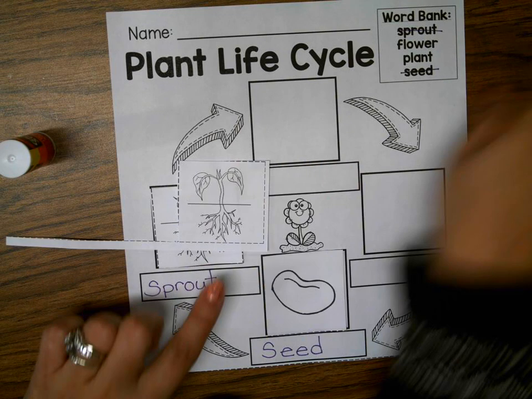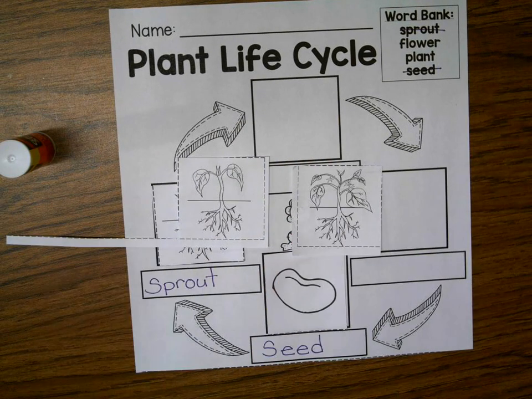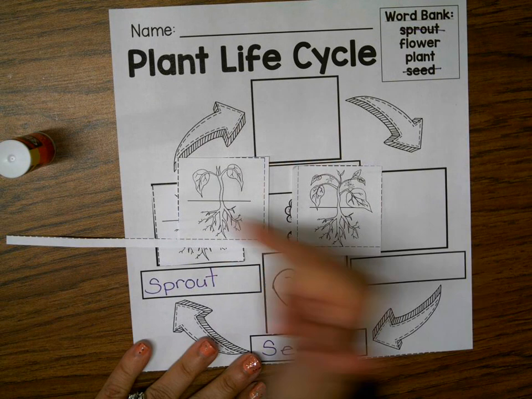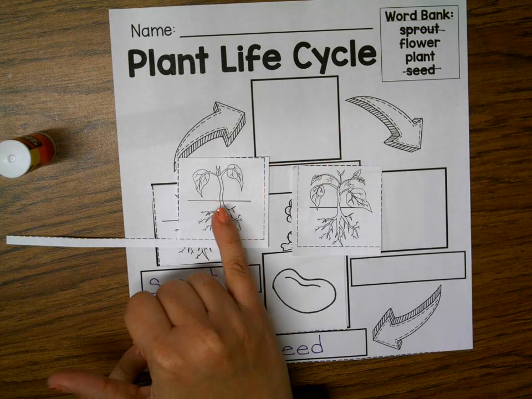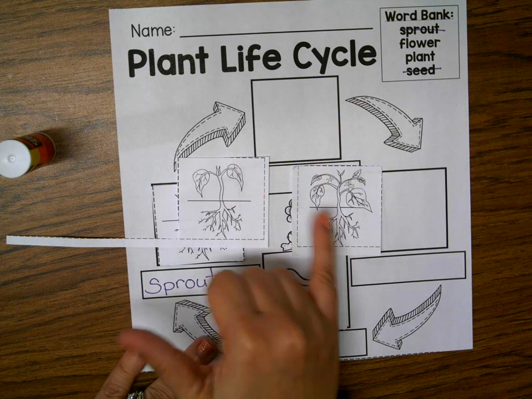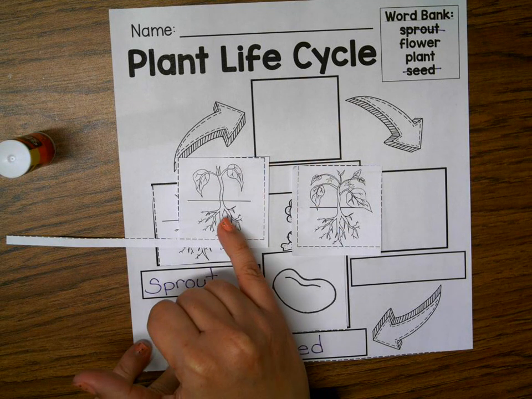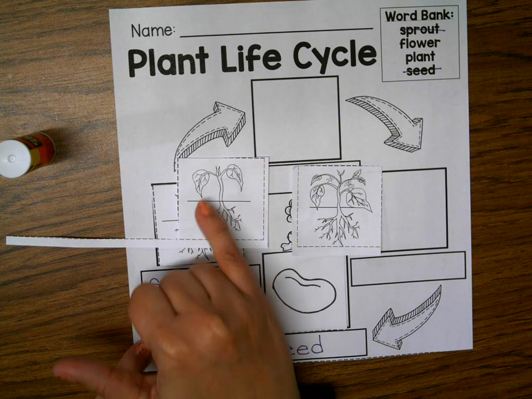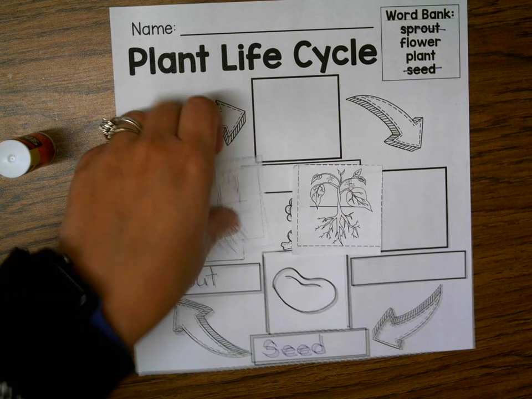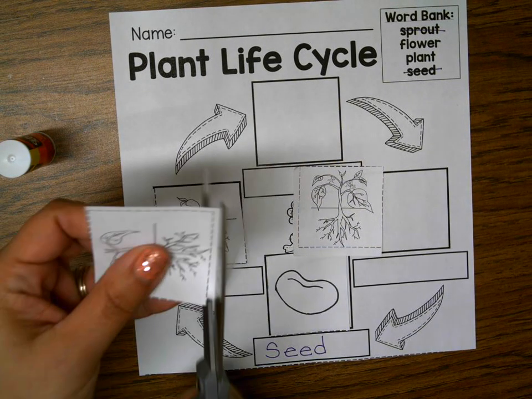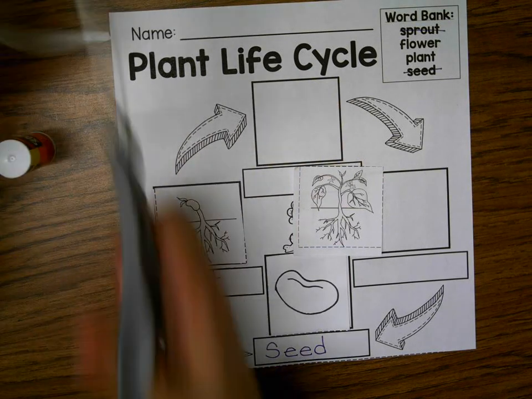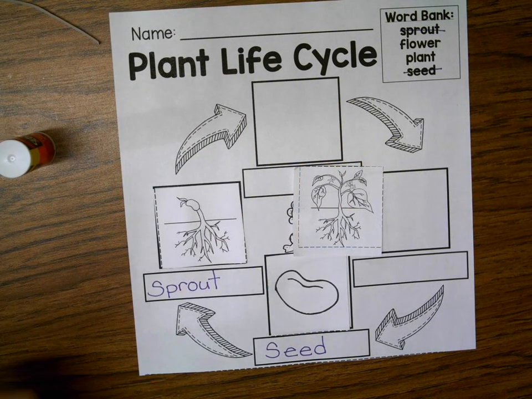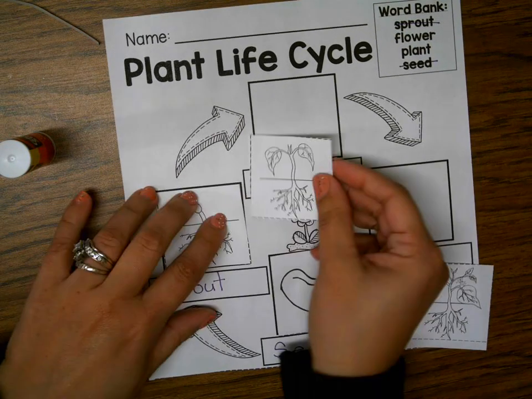Okay, we have 2 pictures left. And they both have roots, but this one just has a few leaves on it, and this one has a lot more. So we're going to cut out this one that just shows the plant is beginning to grow. And then remember, we just need a little bit of glue.